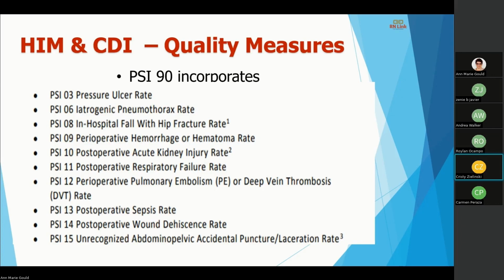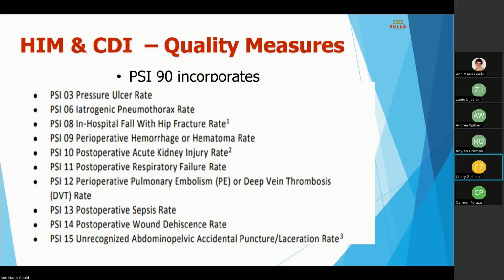And you also have to remember, just because it's present doesn't mean it's already a PSI. There are some exclusions, right? For example, for the postoperative acute kidney injury rate, if the patient had AKI after surgery but no dialysis is needed, then it's not a PSI.